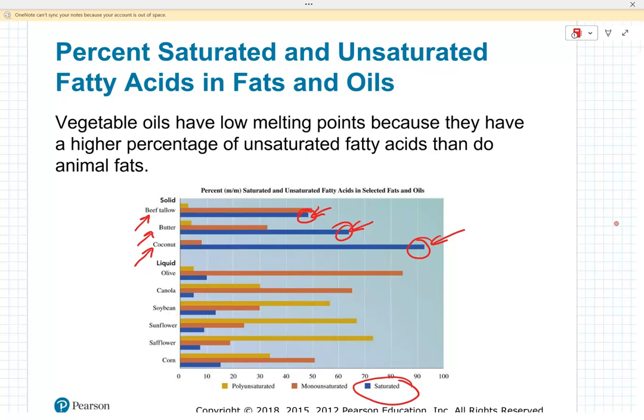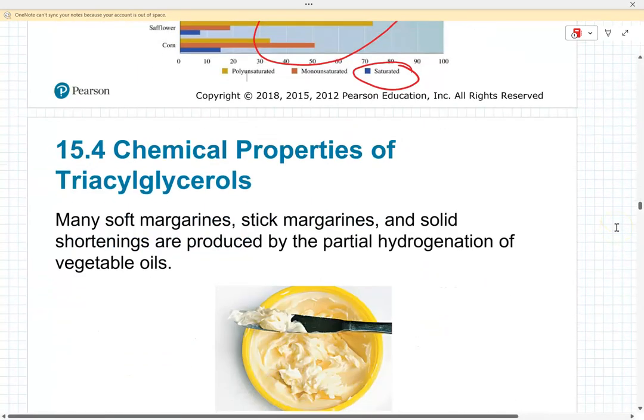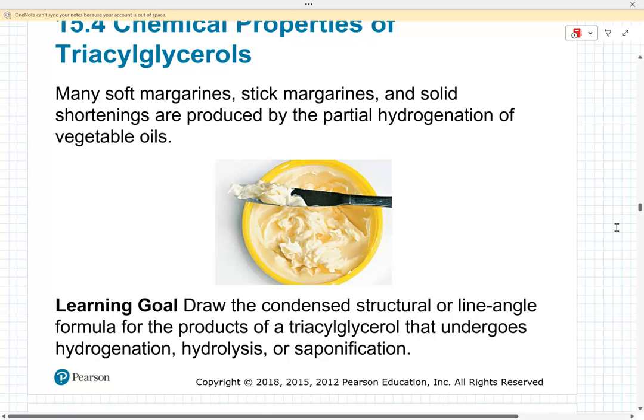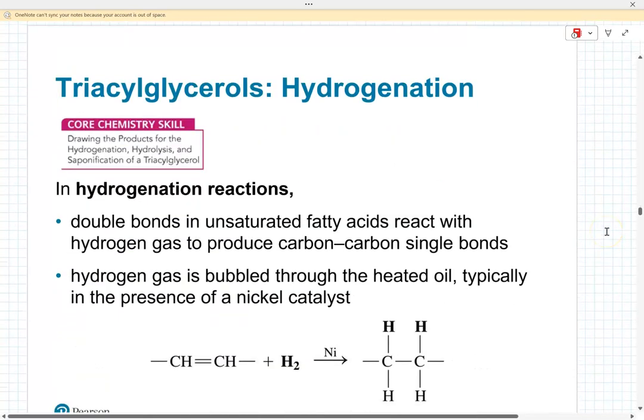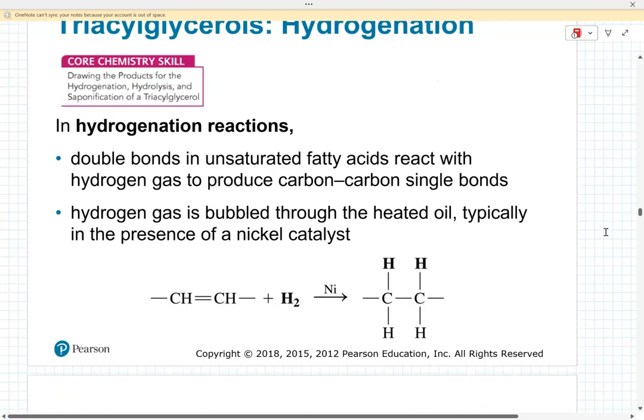See that? Start looking at liquid. Most of them are unsaturated. We're going to go through triacylglycerols, pretty much hydrogenation, stuff that we talked about, and I'm going to cut it and tell you the story that I wanted to tell.